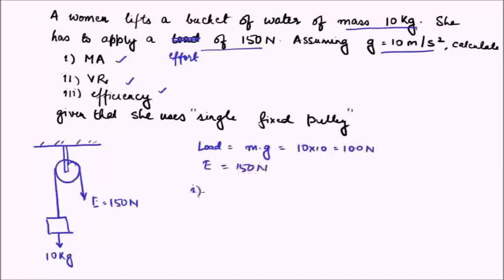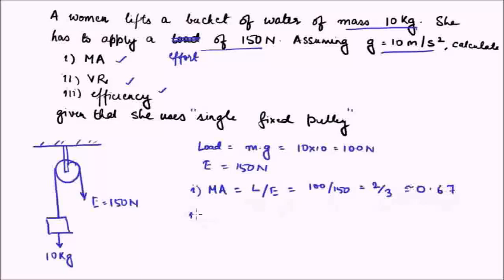The first part asks me to find the mechanical advantage. I know that the mechanical advantage is load upon effort. I will simply replace it, 100 upon 150, and that gives me 2 by 3 as the mechanical advantage, or if I write it in decimal form, 0.67 approximately. So this is the mechanical advantage which we get.